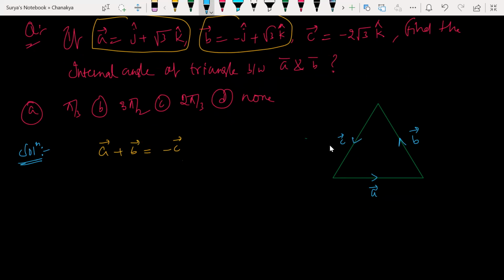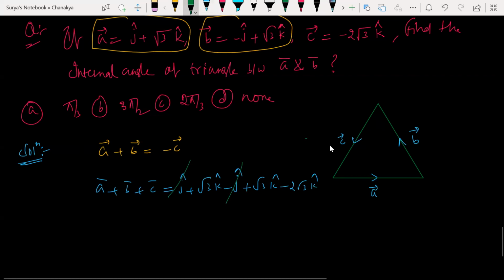Guys, look at this here. If you add A plus B plus C, what do you get? Add all of these: j cap plus root 3 k cap, then B is minus j cap plus root 3 k cap, minus 2 root 3 k cap. The plus j and minus j get cancelled, and the root 3 k cap, root 3 k cap and minus 2 times root 3 k cap get cancelled.